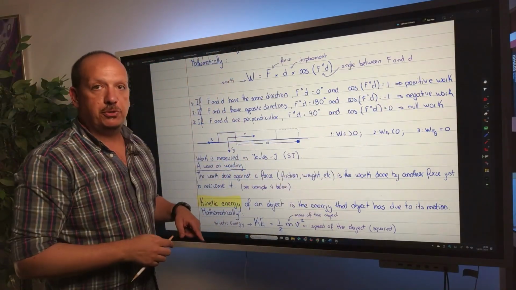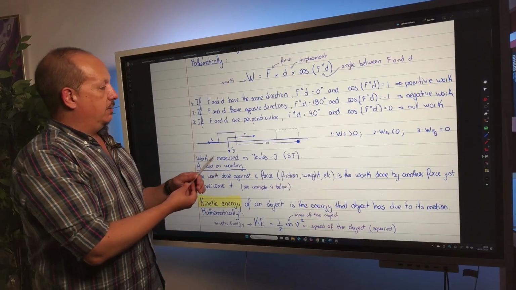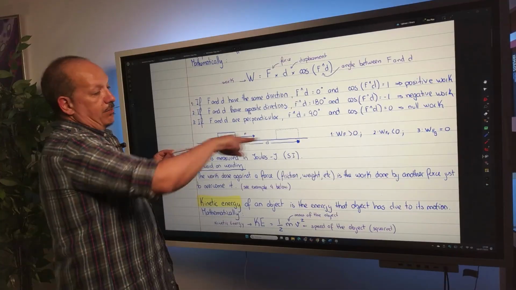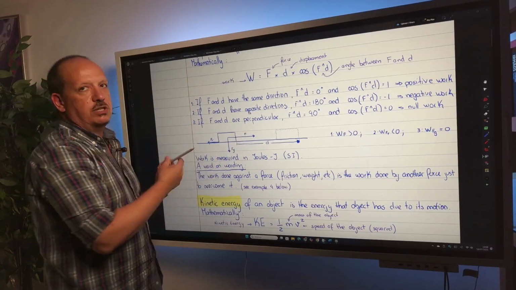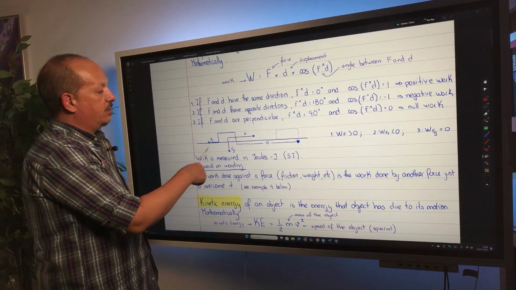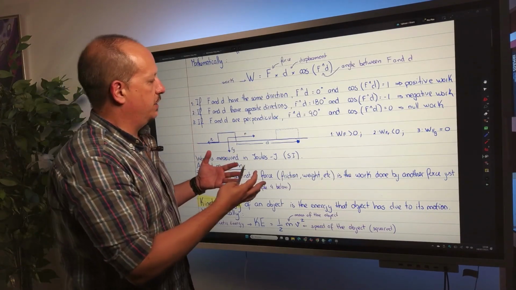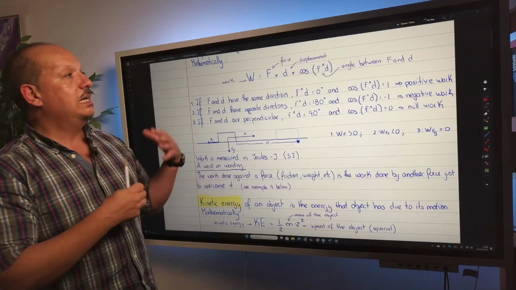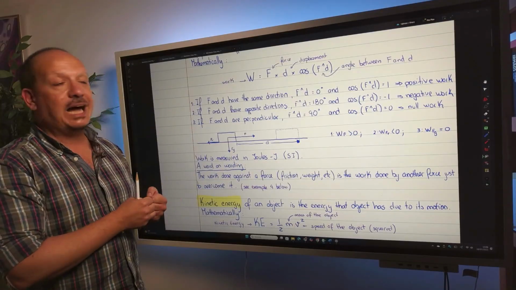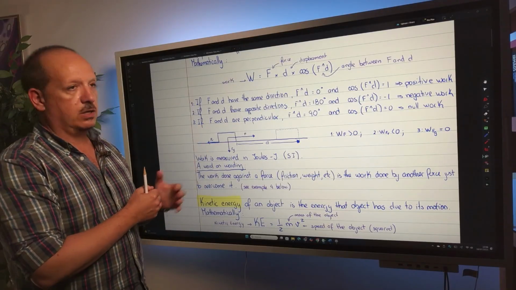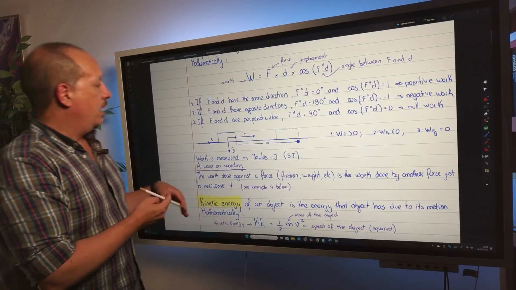F is contributing to the motion, as you can see, right? The friction has the opposite effect. You have the displacement that way, the friction is this way, so you have a 180-degree angle, which means that the friction is having a negative impact on the motion of the object, so to speak, okay? You have negative work, which means that the friction is taking energy out of the system, the box system. The weight points down, okay?